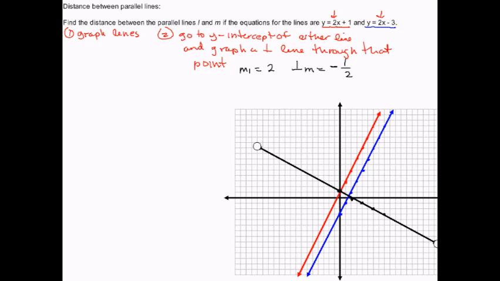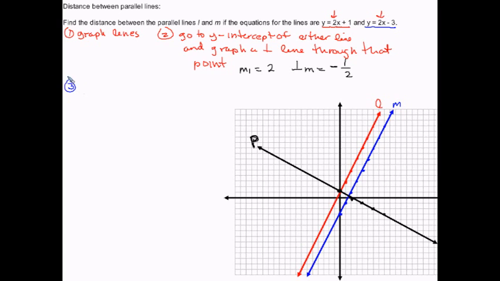So this line is perpendicular, so I'm going to call it line P for perpendicular. My red line was line L, and my blue line was line M. So that was steps 1 and 2. We were drawing the pictures.